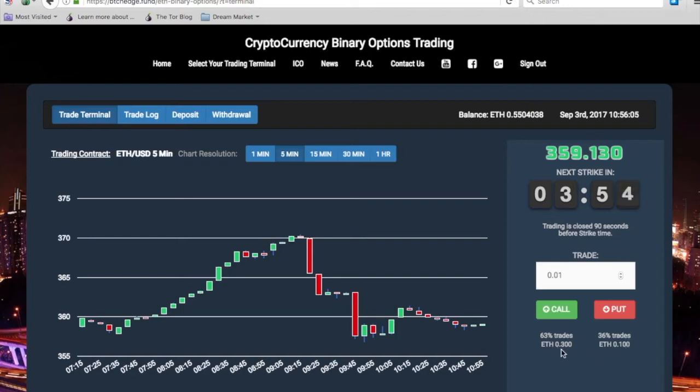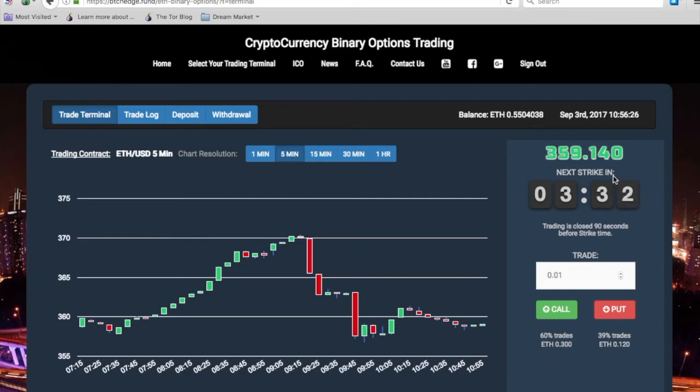More importantly, more money is placed on a call than on a put, meaning that it's likely some small trades are placed on the price going down and bigger trades are placed on the price going up.